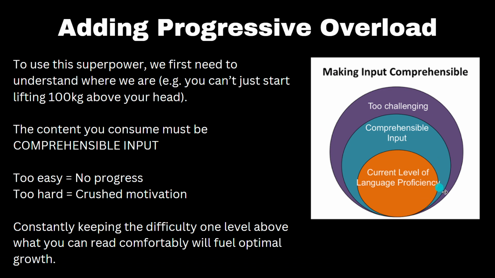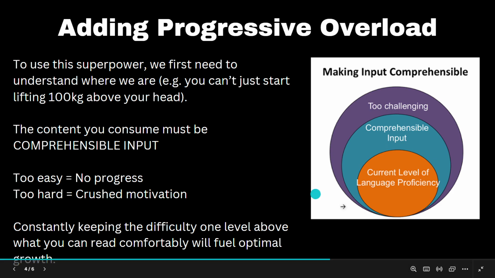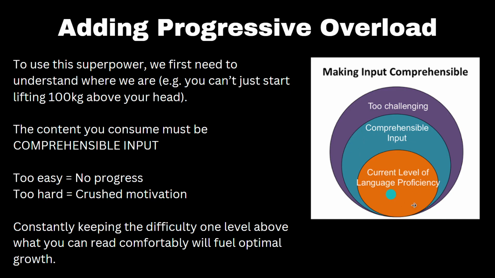Of course, something that's in the comprehensible input section now might not be in 2 months, because you get better, and what was comprehensible input before becomes current level of language proficiency, because you've become better, so it's easier. So you would constantly need to be pushing the comprehensible input zone up, hence the term progressive overload, because you're constantly making the content you're consuming harder.